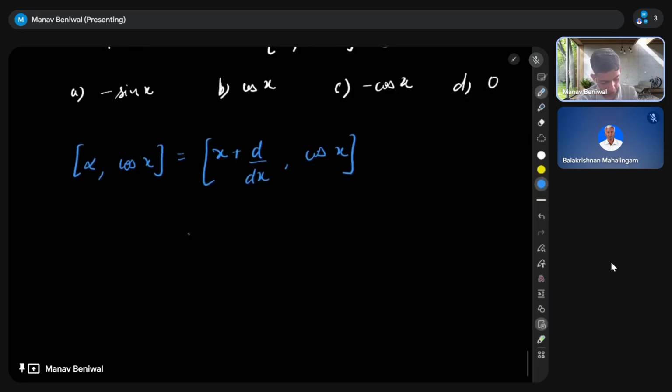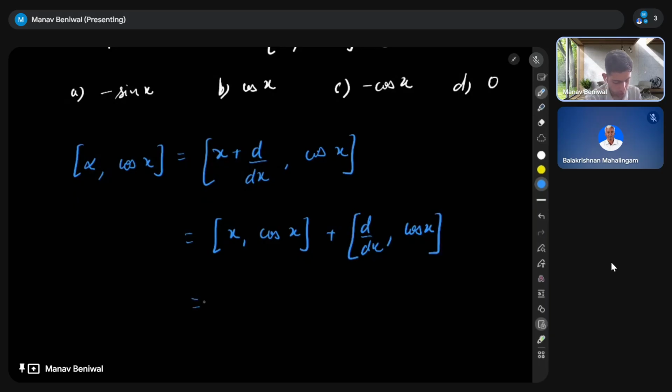So then we can break this into two commutators, x with cos x and d/dx with cos x, right? So this first commutator will give us simply 0, because this is like the commutator of x and f of x, so this commutator just goes to 0, and the second commutator is non-zero.